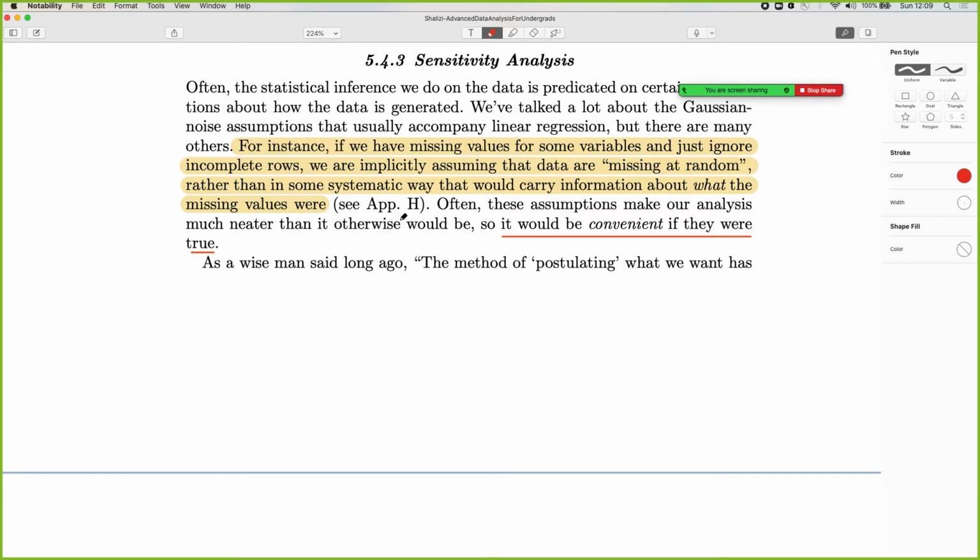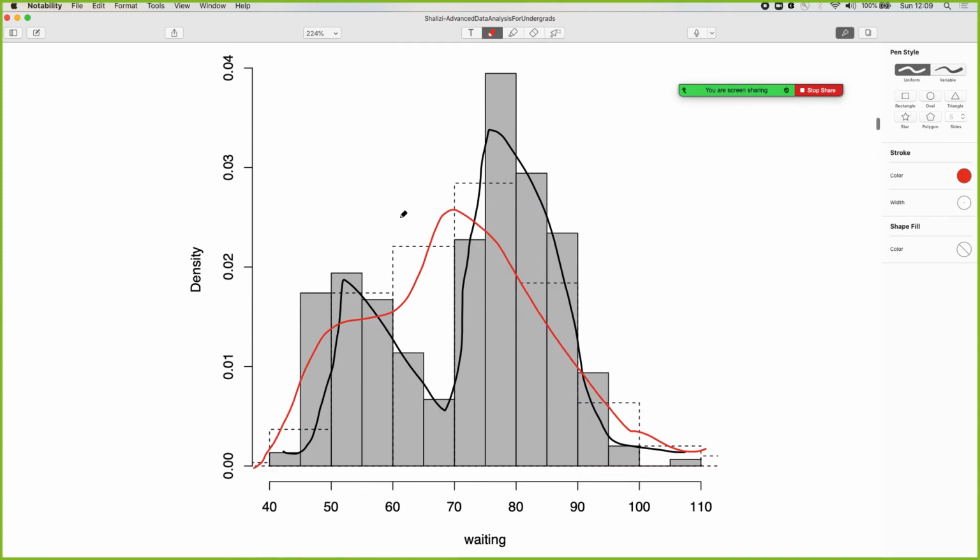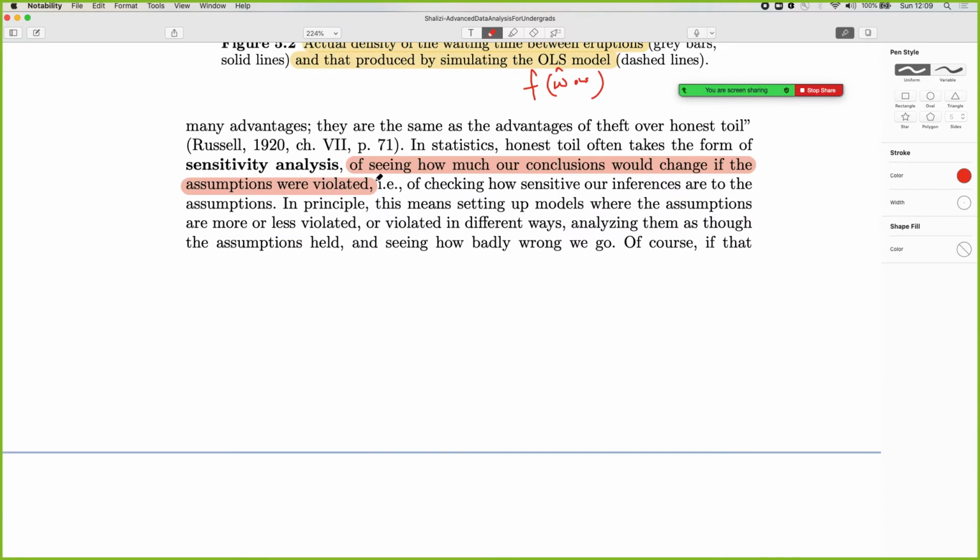In general, sensitivity analysis forces you to violate your assumptions and then still check how much the model actually sticks to what you predicted. Which means it checks how sensitive your inferences are to the assumptions.